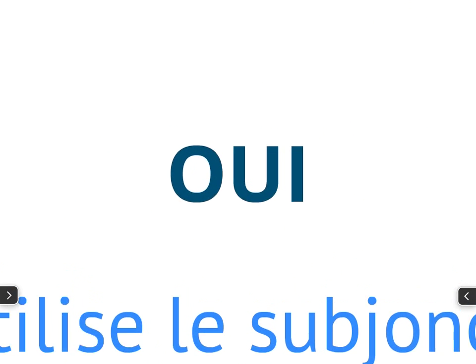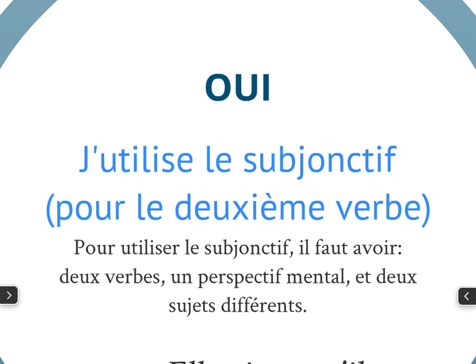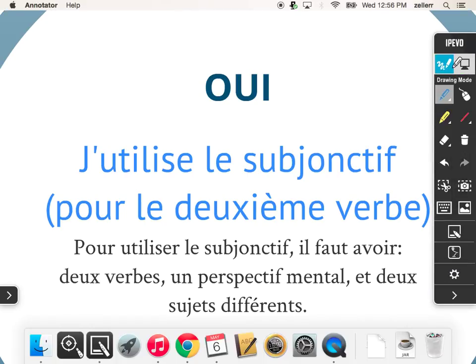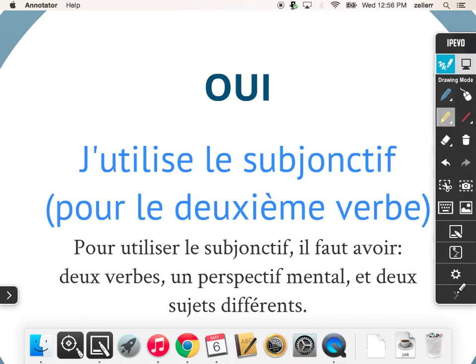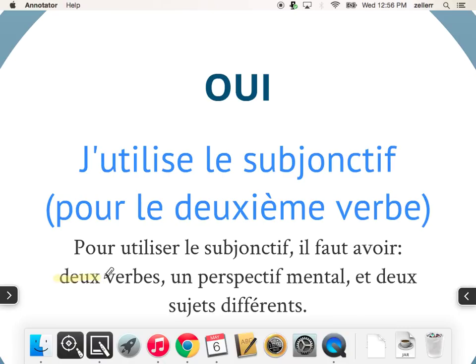Et si la réponse est oui, vous pouvez utiliser le subjonctif. Bien. Si vous avez deux verbes, un perspectif mental dans le premier verbe et deux sujets différents, vous utilisez le subjonctif pour le deuxième verbe.